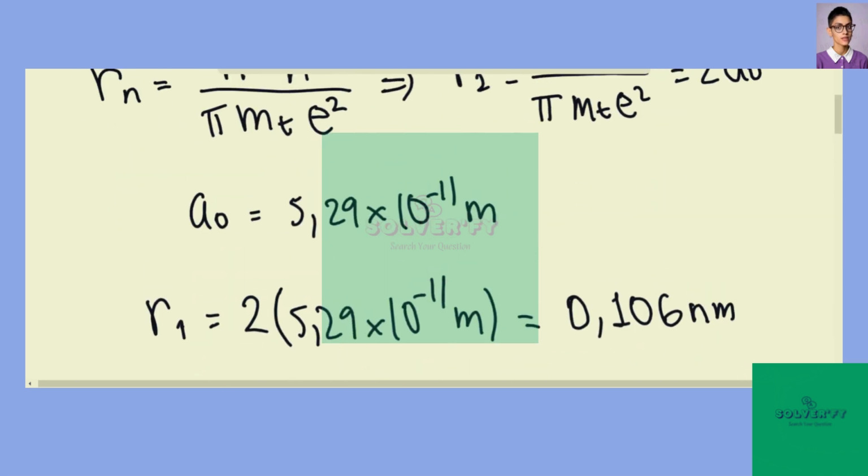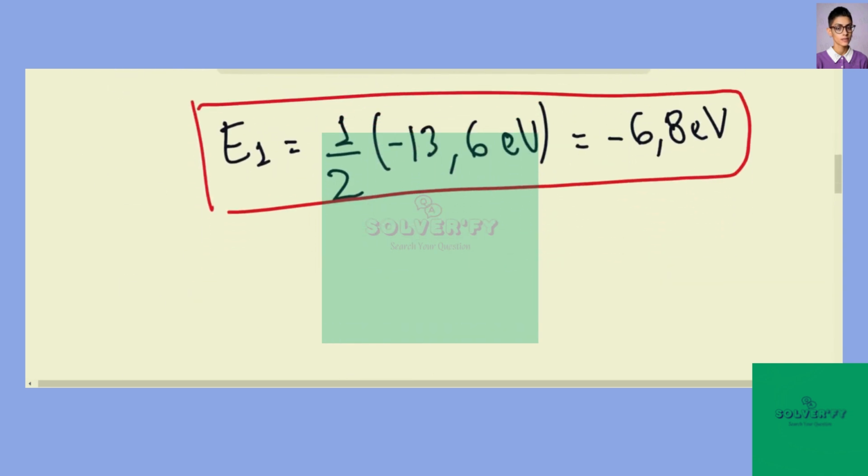For part D, we are told that the longest visible light emission wavelength for ordinary hydrogen has a given value. I'm going to put that value in here. That wavelength is 656.3 nanometers.